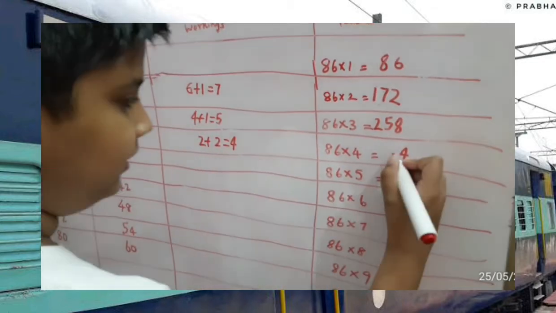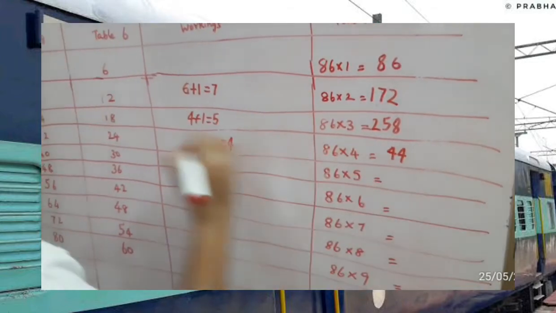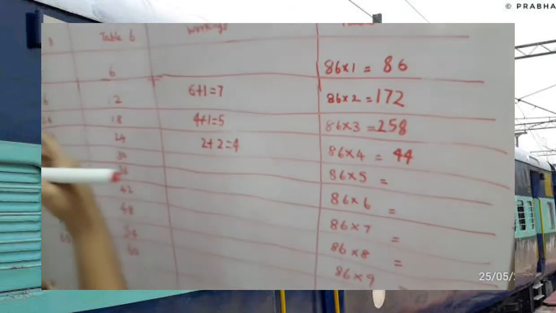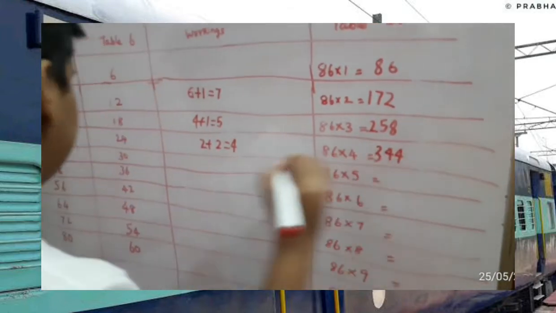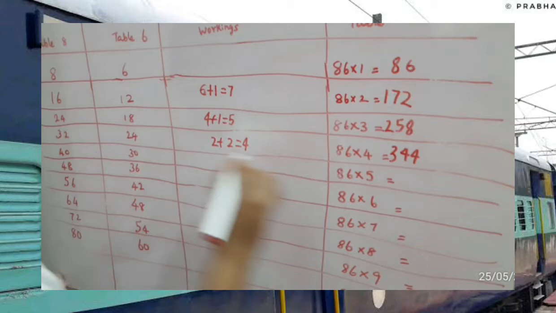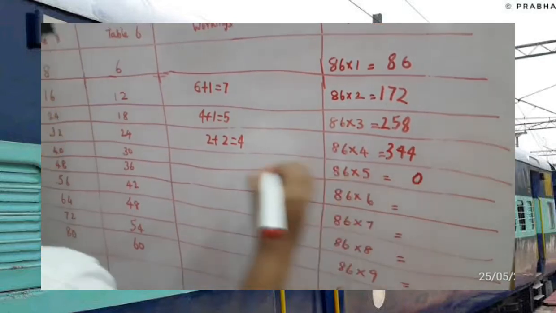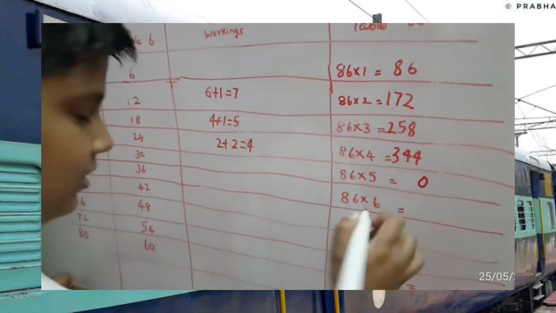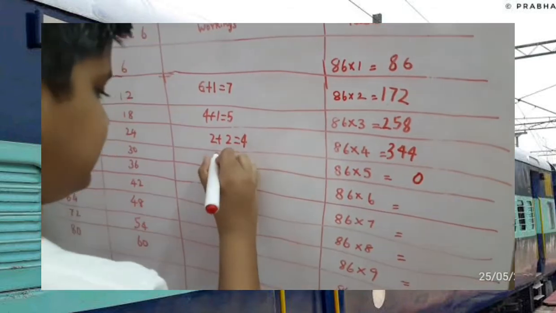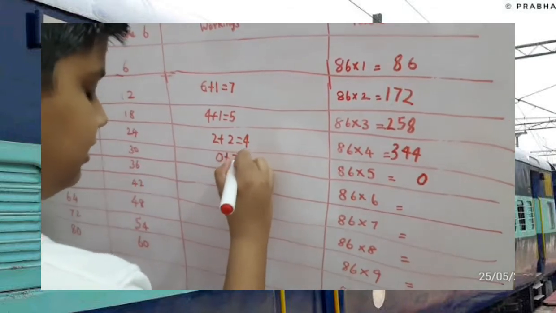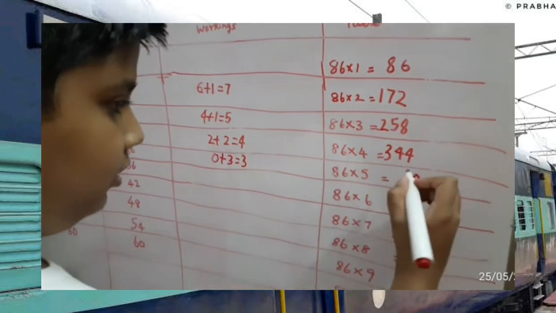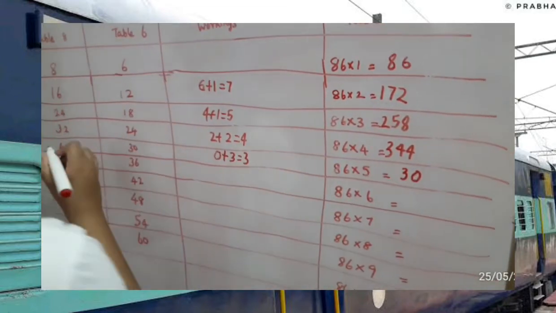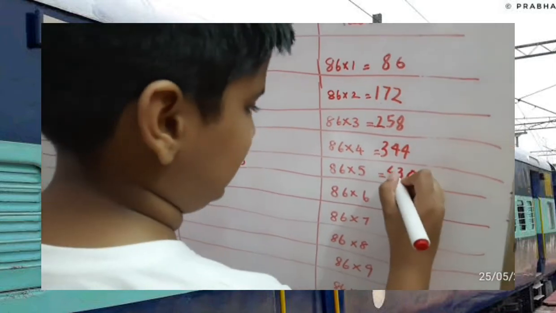So write 4 in 10's place and write 3 in 100's place. Write 0 in 1's place. 0 plus 3 is equal to 3. So write 3 in 10's place and write 4 in 100's place.